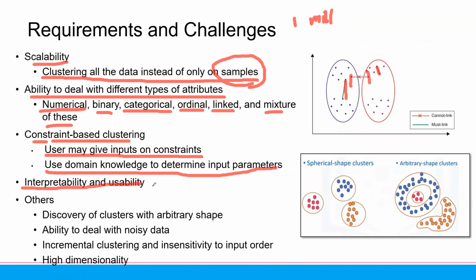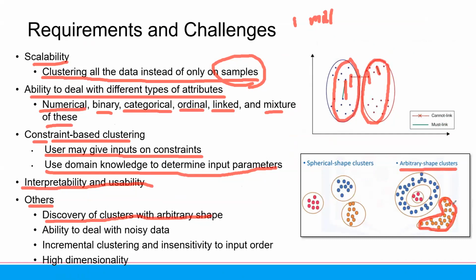How to interpret and how to use the cluster results is also another challenge. The other challenge is how to discover clusters with arbitrary shape. It may be easy to understand if the clusters are just circles, like these two circles. But what is the meaning of such a cluster?